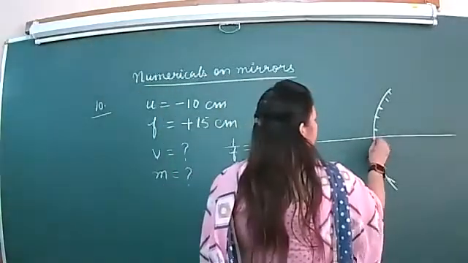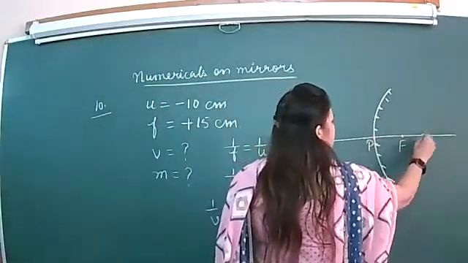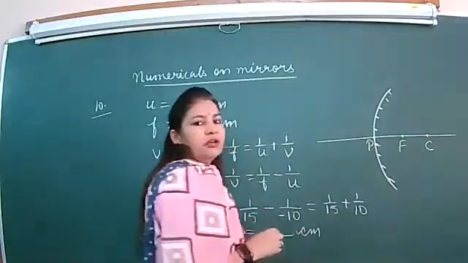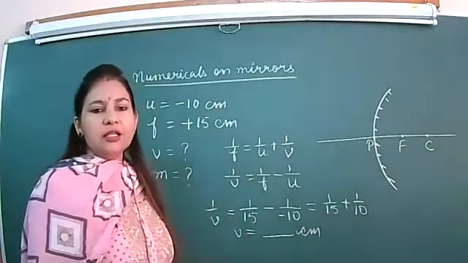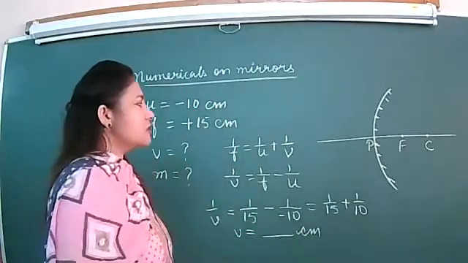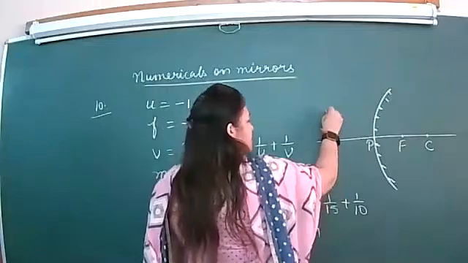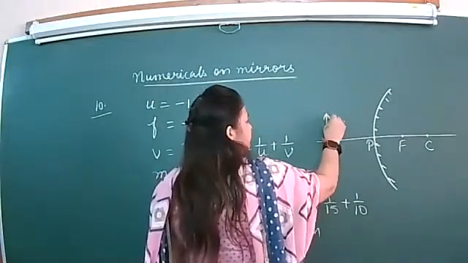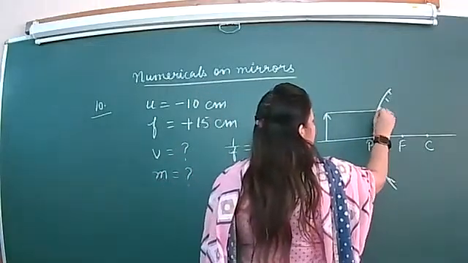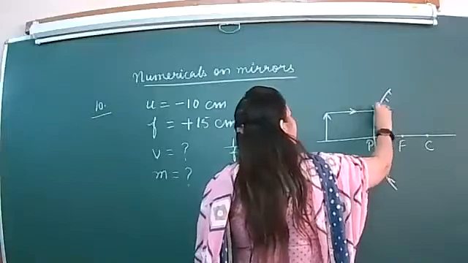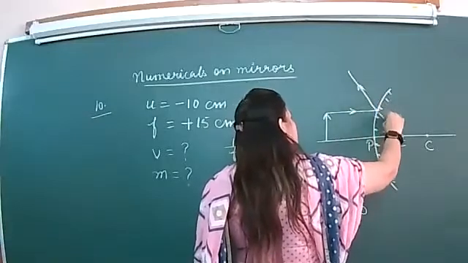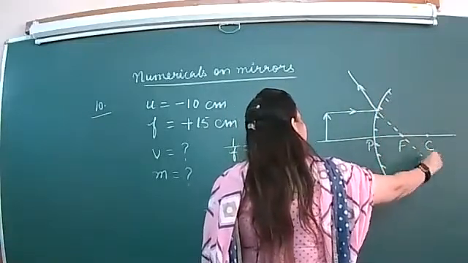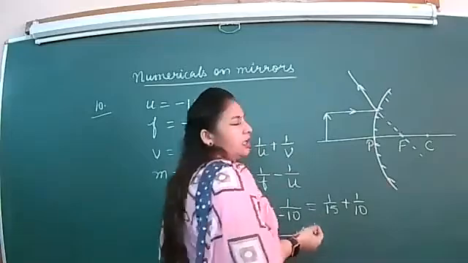So this is pole, this is focus, this is center of curvature of convex mirror. Okay, its focal length is positive, that's why focus is on the right hand side. Suppose object is lying here. So draw the ray diagram first. One ray appears to come out of focus. Draw like this.